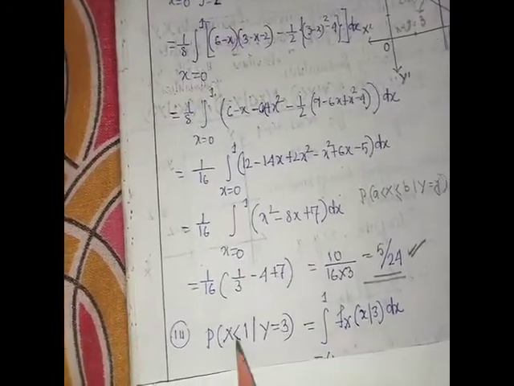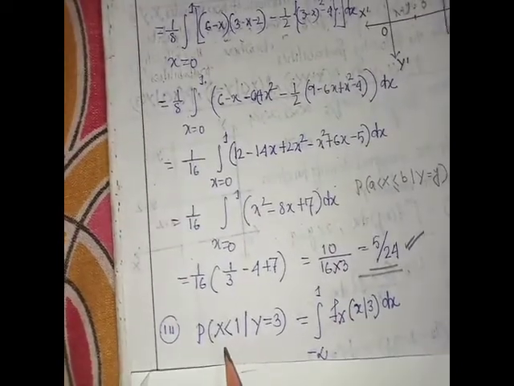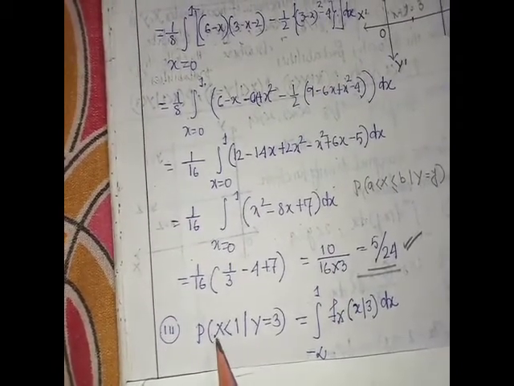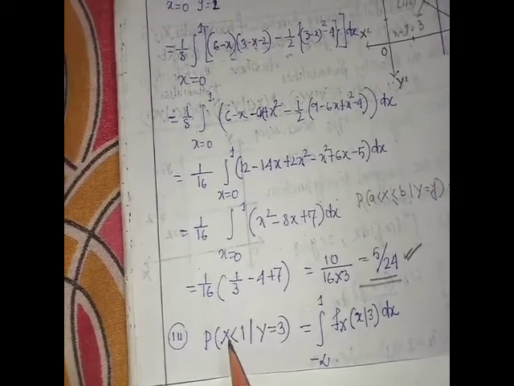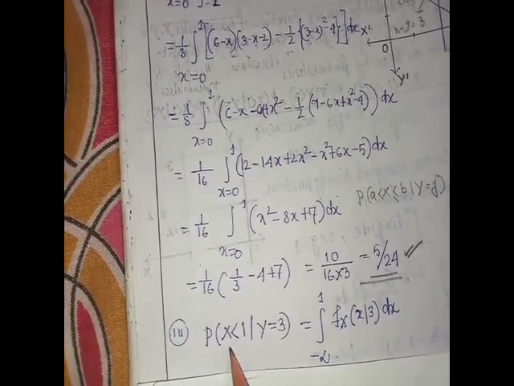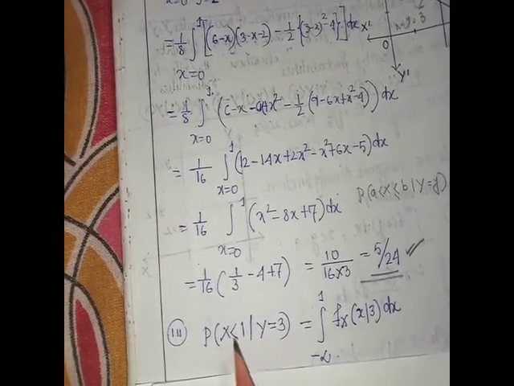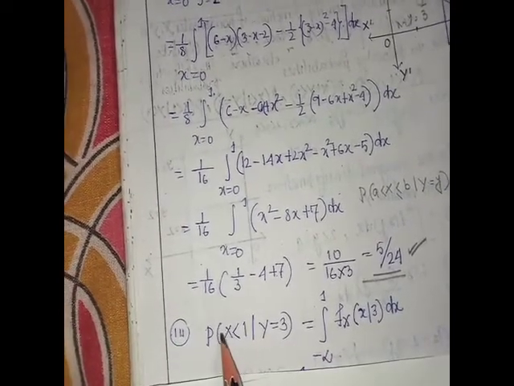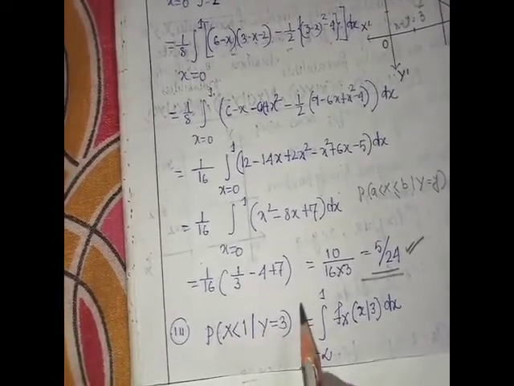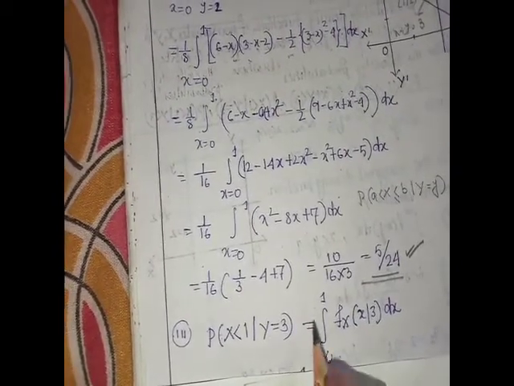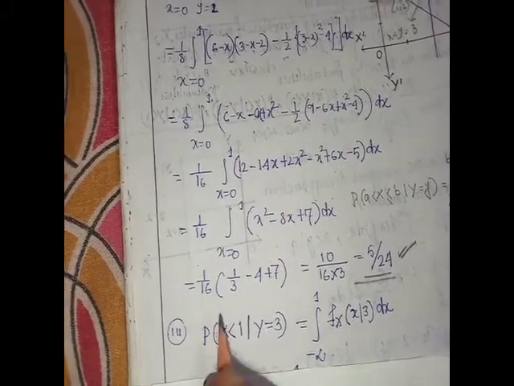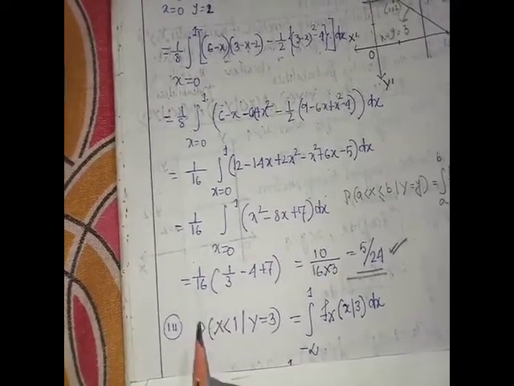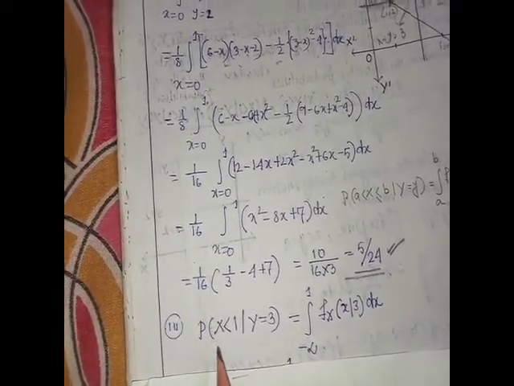Third problem: probability of x less than 1 given y equal to 3. X less than 1 means minus infinity less than x less than 1, with y equal to 3. This is the formula of the conditional distribution function of x.